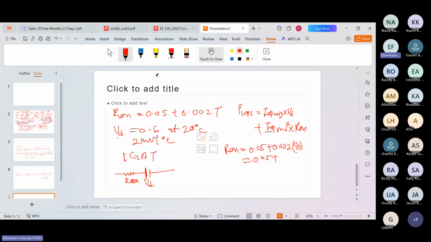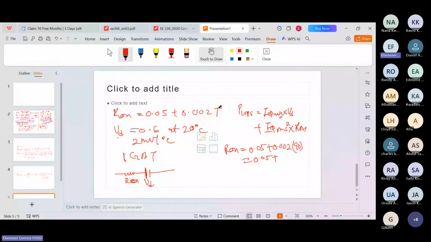So the operating temperature is 90, but we are told that R changes with temperature, right? So if you are looking at the temperature of 90 degrees, we need to get the R on at that temperature. So we have to substitute T with 90. Please, do you get it? Yes, please. Thank you. All right.